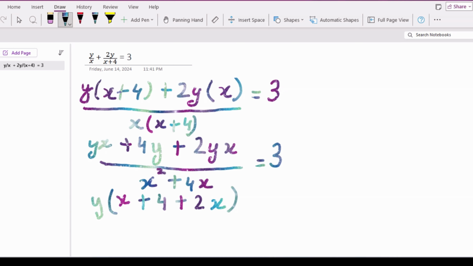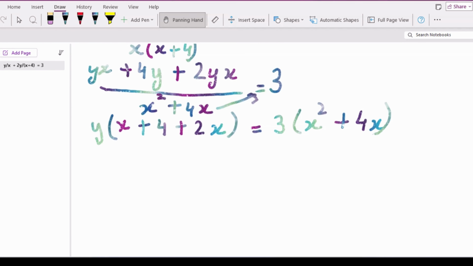And here, it's x squared plus 4x, so we can remove it from here. We can take it and multiply it with 3 on the other side. So it would become 3 into x squared plus 4x. Right, so one of the difficult parts is done now. We have removed the fraction part. Now the question is a little bit easier.